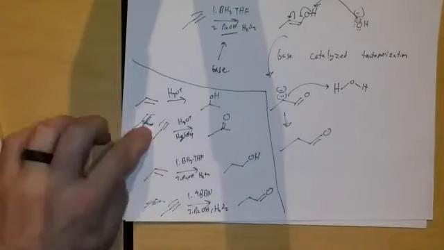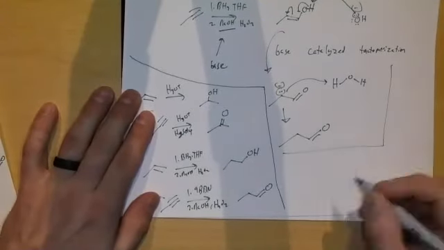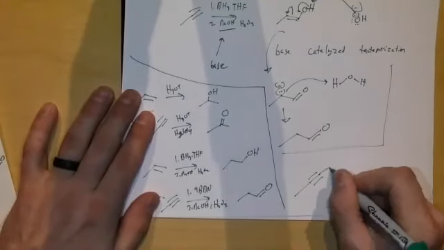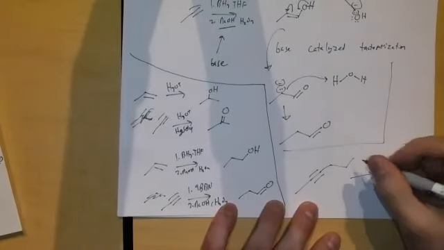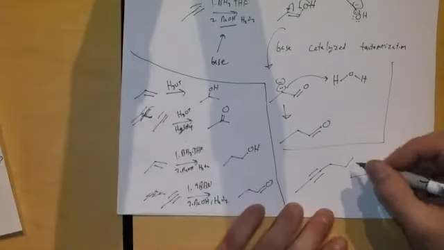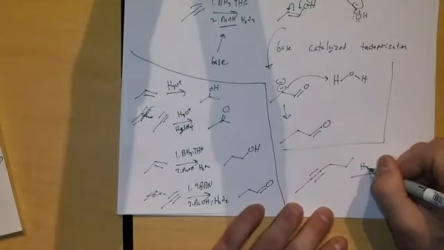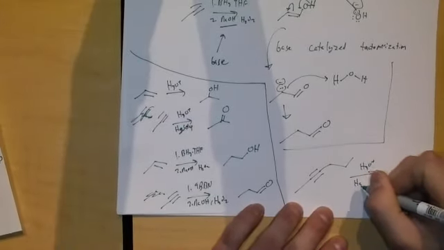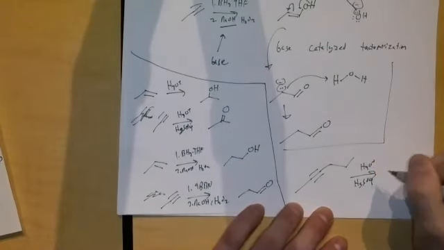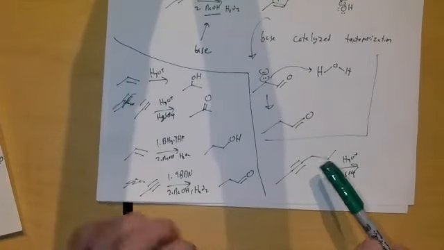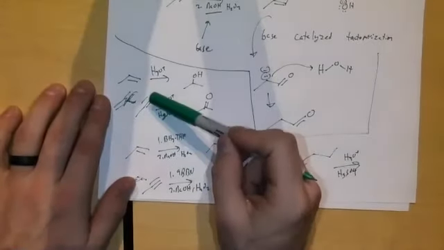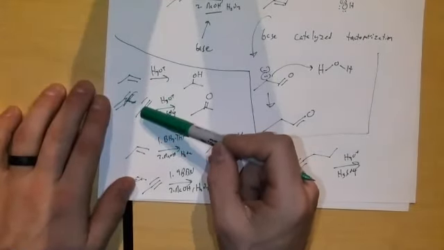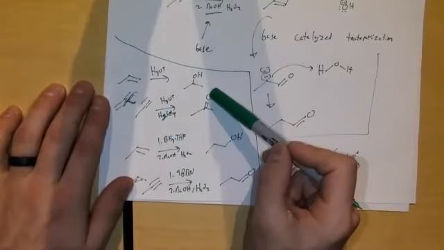Oh, so one last thing. For this one here, if you have something that looks like this, and it applies for either of these technically. For this one here, there's a terminal one and a primary one and a secondary one, so it's going to form on this secondary center.